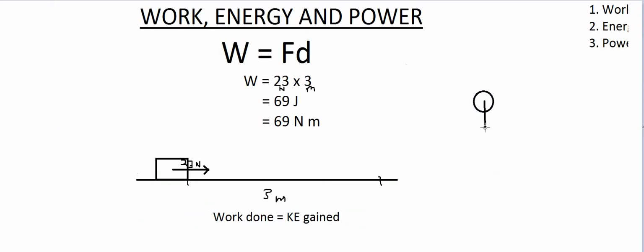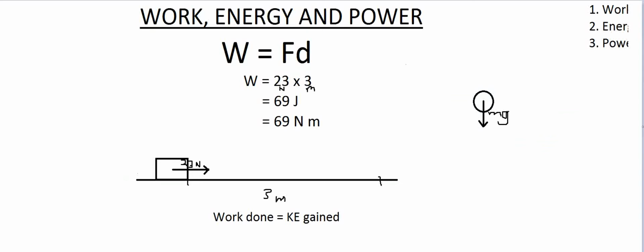So this is the weight of the object, which is a force, mg, with a magnitude of mg.